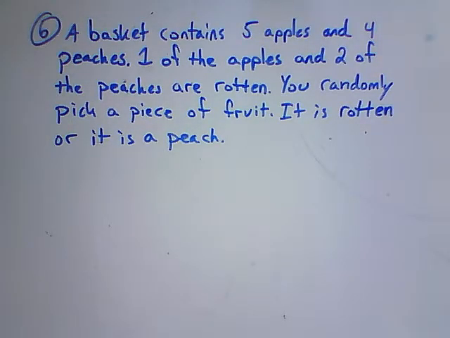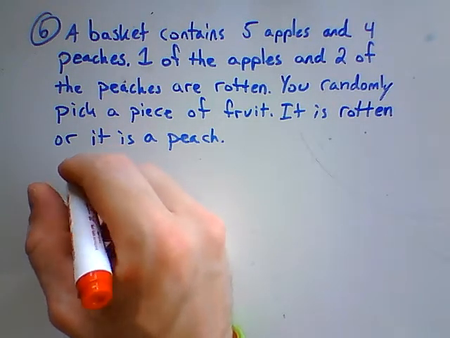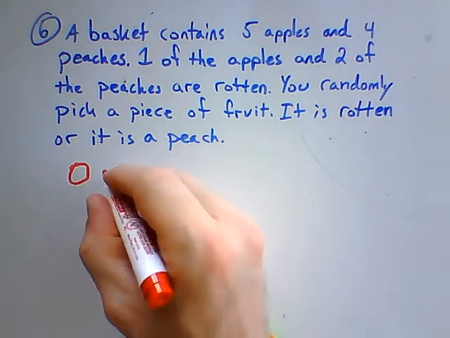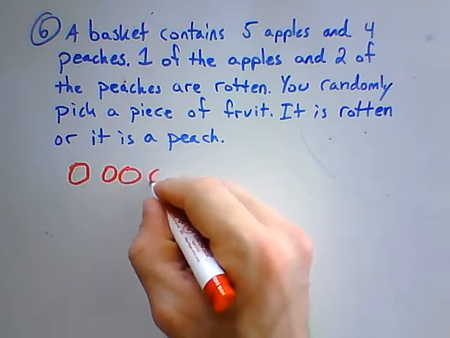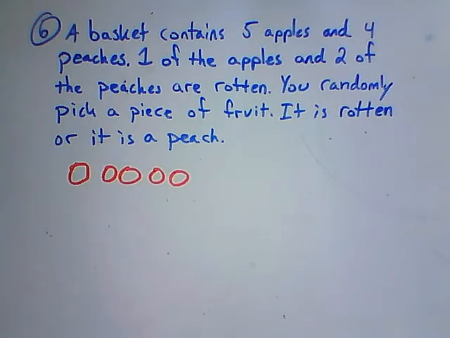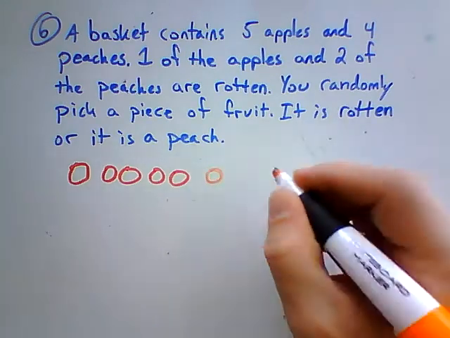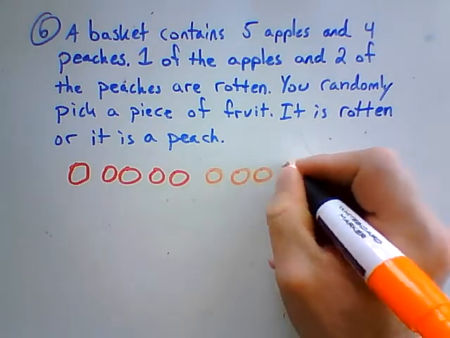Basket contains 5 apples. Great. Apples and peaches. You really don't want to see me draw an apple. My apples are going to be red circles. 1, 2, 3, 4, 5. 4 peaches. These are going to be orange. 1, 2, 3, 4.